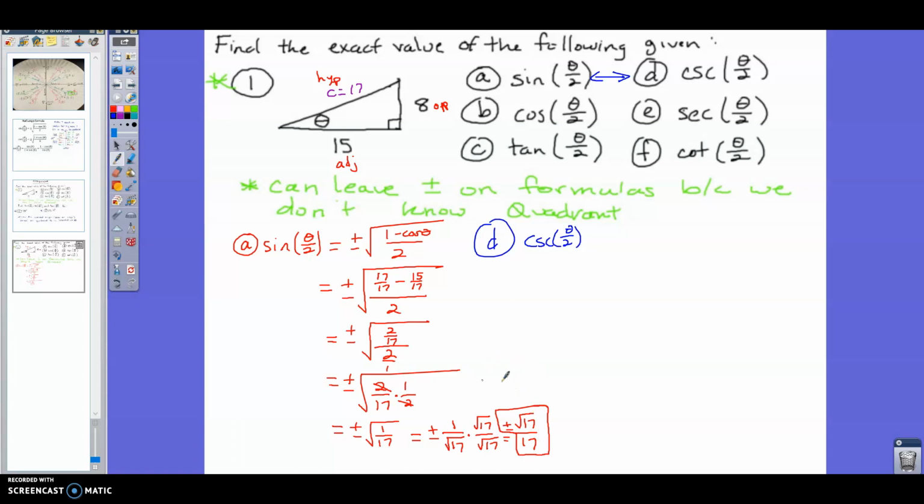So we can go back to our previous step right here, which is where we found what it was before it was rationalized, and we can just flip that to save us some work. So we can put the plus or minus. Now we're going to flip that to become the square root of 17 over 1, which simplifies to plus or minus the square root of 17.